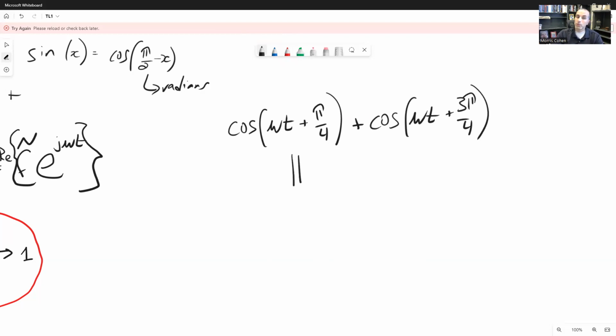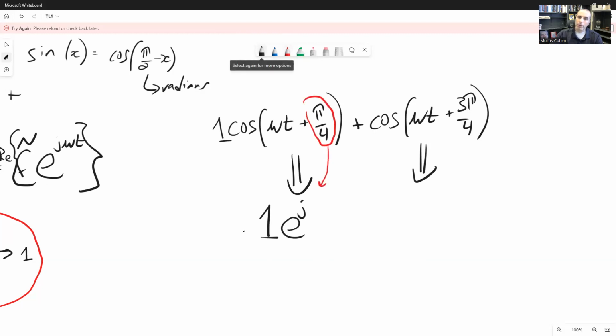because what we're going to do is convert each of these into a phasor. This cosine right here has an amplitude of 1, so you can put a 1 right here, and then I'm going to write down e to the j, and the phase right here is going to jump down into that exponent, so this is going to be a j times pi over 4.